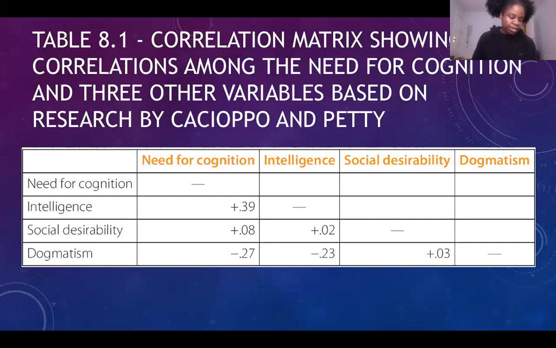Cacioppo and Petty created their need for cognition scale, a measure of the extent to which people like to think and value thinking. They used it to measure the need for cognition for a small sample of college students, along with 3 other variables: intelligence, social desirability, and dogmatism. The results of this study are summarized in table 8.1, which is a correlation matrix showing the correlation between every possible pair of variables in the study.